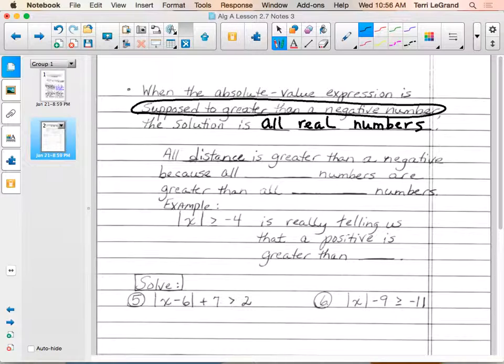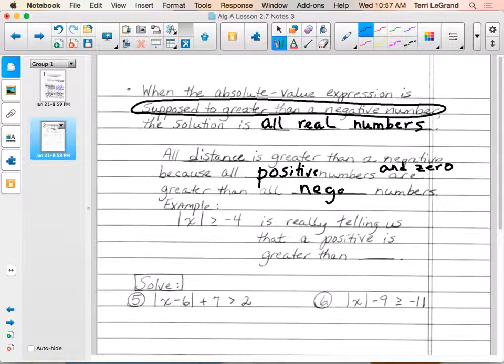So what we're going to say here is all distance is greater than a negative number, because all positive numbers and 0, let's add that in here, I should have that there, because all positive numbers and 0, since distance can be positive and distance can be 0, are greater than all negative numbers.